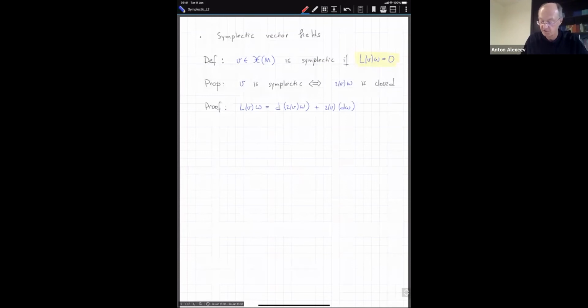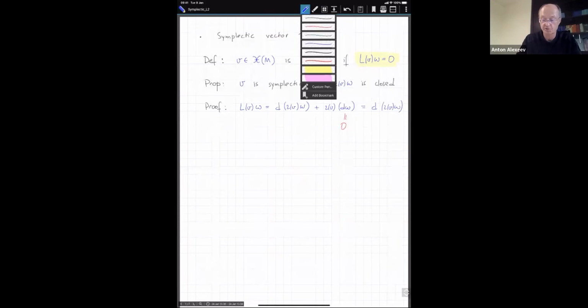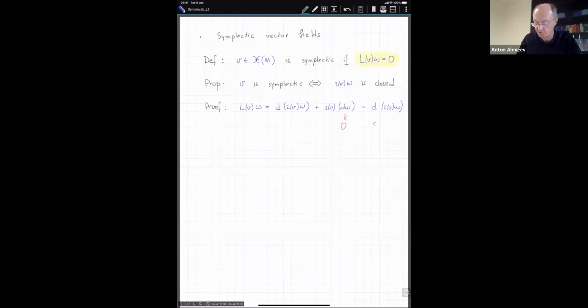But now the second term is 0 because our 2-form is symplectic, so only the first term remains. And the first term is the de Rham differential of the 1-form iota_V omega. So if the left-hand side is 0, the right-hand side is 0, and the other way around. This is just the condition of being closed, and that is the condition of being symplectic. So they're just the same condition.